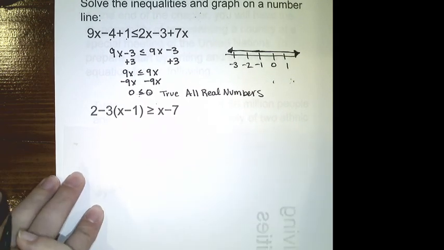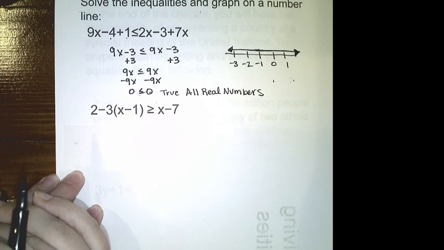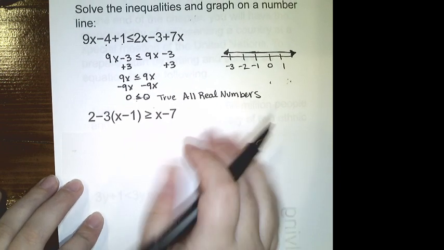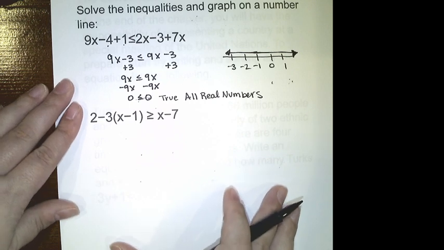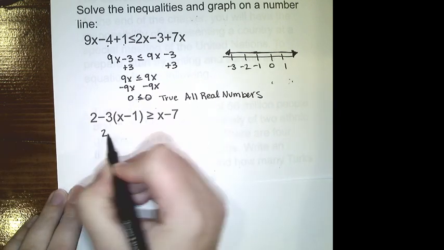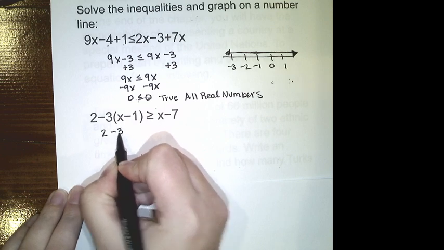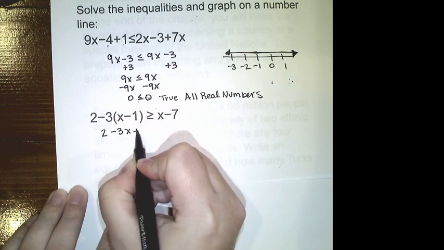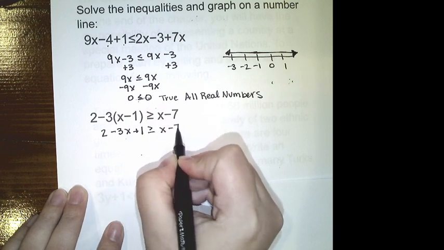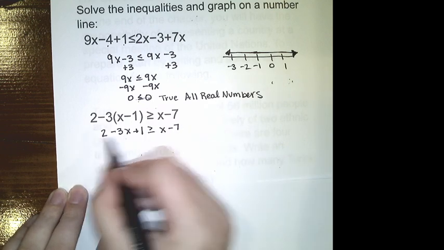So I want you to pause the video, solve your inequality, graph it, come back and check. So first thing we want to do is distribute that -3. I hope you remembered to distribute the negative. So then we have a -3x plus 1. Combine the like terms, 2 and 1.